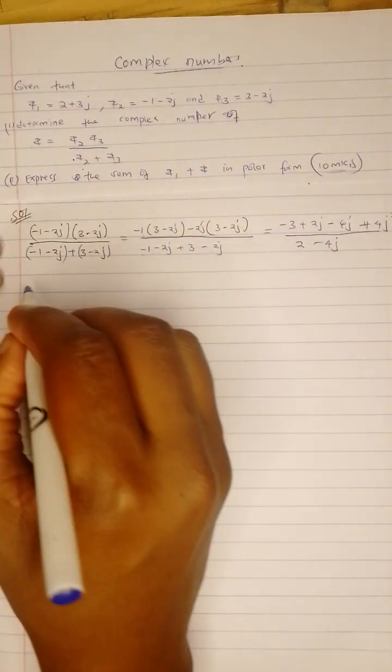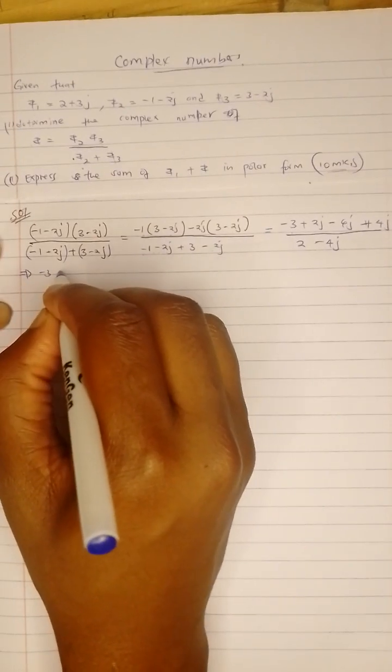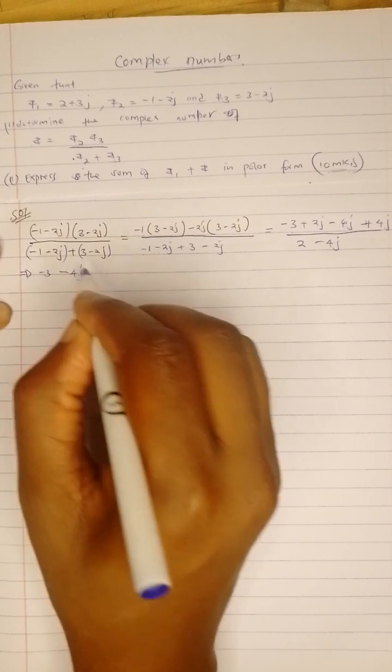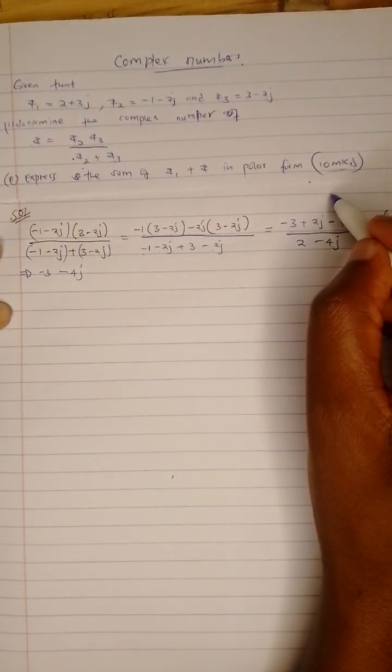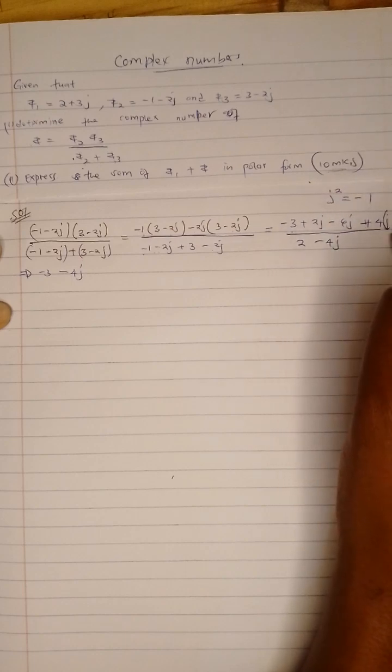Yeah, so we continue. We have minus 3 here, 2 minus 6, that is minus 4j. Then here we are going to replace, from the basics of complex numbers: if you have j square, you replace it with negative 1.